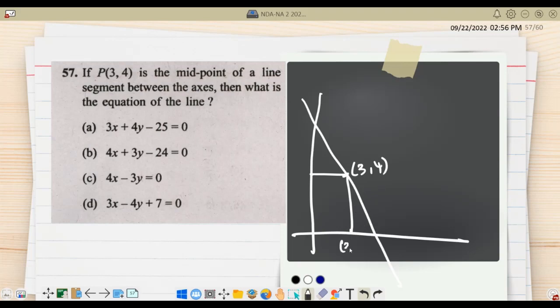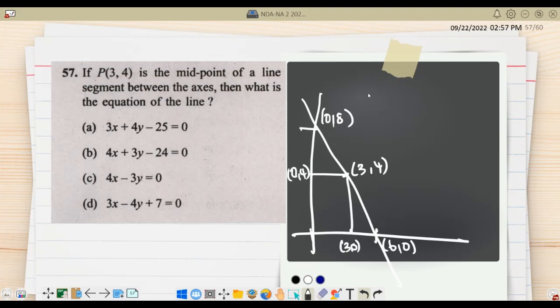So this is actually 3 comma 0 and this is going to be 0 comma 4. So obviously this will be 6 comma 0, and this is going to be 0 comma 8.